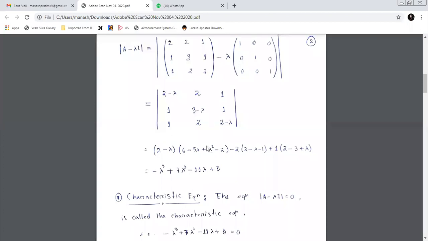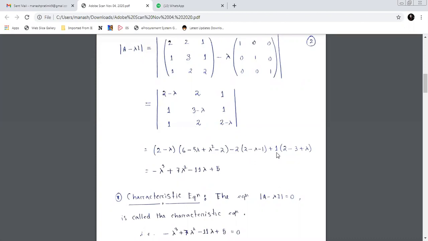Next, from the second term, minus 2 into 1 into (2 minus lambda) minus 1, that is minus 1.